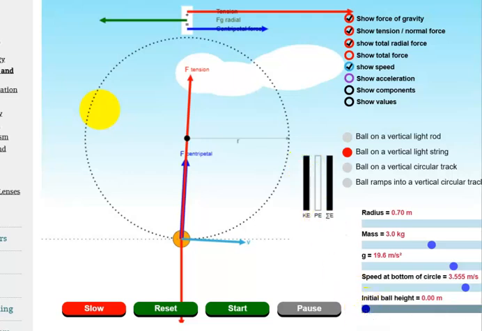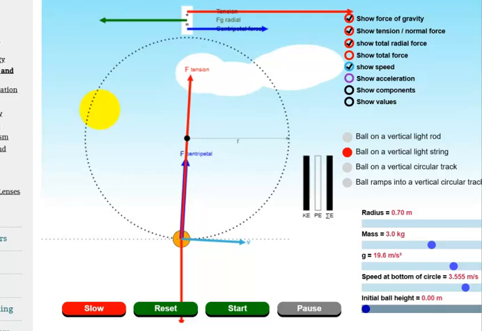So if we add the two together, mgh plus half mv squared, that's your standard formula to describe the sum of the two energies that we're interested in. And you can take two separate points in time, and the total energy at one point must be equal to the energy at another point.